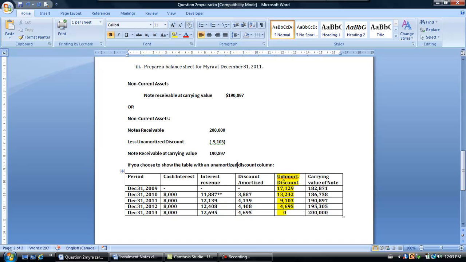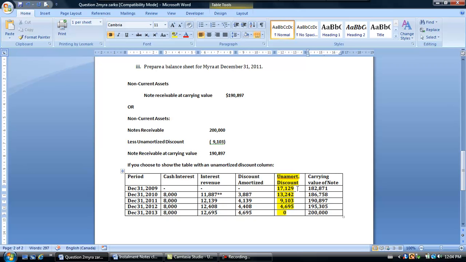Now, if you're confused a bit on how we get these numbers, think of it this way. When we issued the note, we gave out cash of $182,871, but we expect to be paid $200,000 back at the end of year 4, or 2013, which is the end of the 4-year period. What that means is the difference between the $200,000 that we expect to get at the end of the 4th year, which ends December 31st, 2013, and the amount of cash that we loaned out.